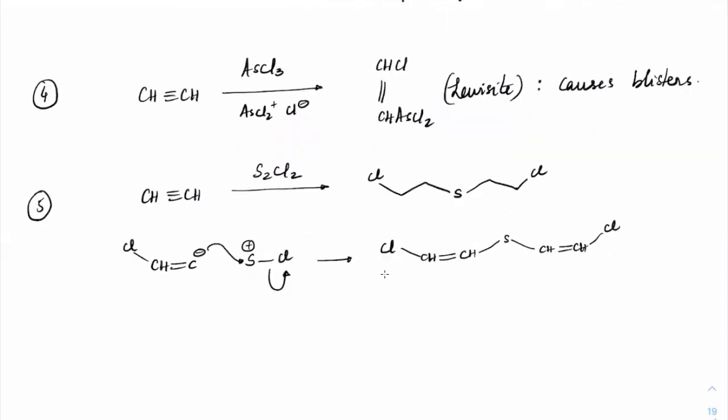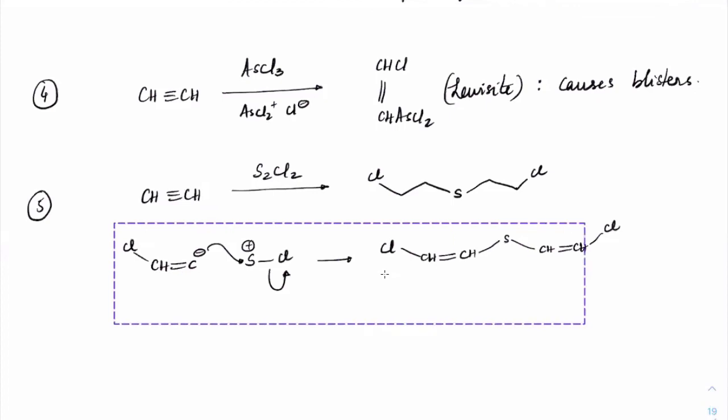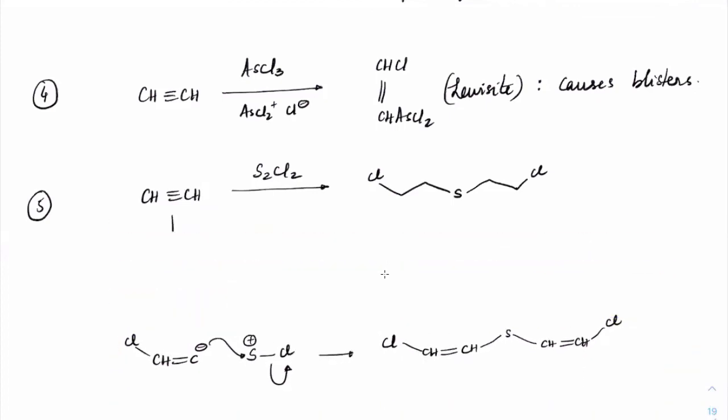Usually this is done by hydrogenation first. Let me show you first how it is done. H2 with palladium on barium sulfate, Lindlar's catalyst, so we'll get CH2=CH2. Then S2Cl2 is done.